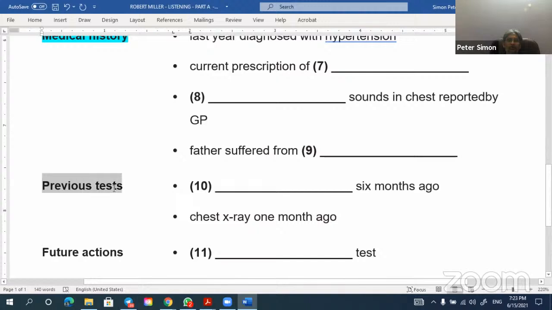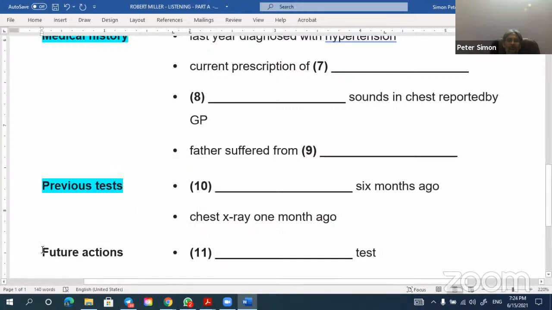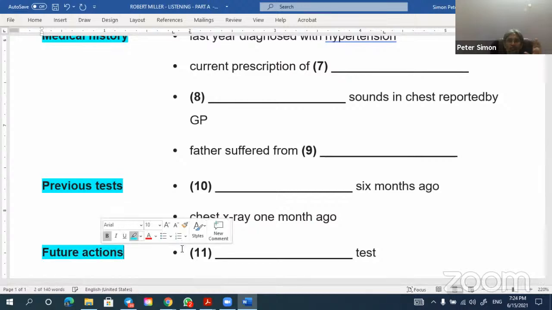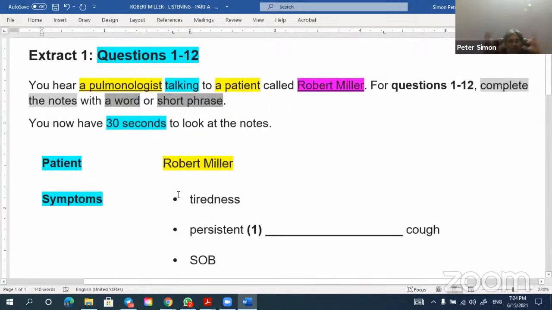Then it is previous tests. Then it is future actions. I'm going to show you how you can identify these things very fast. So you should understand what he's going to tell. Right, now let us see.